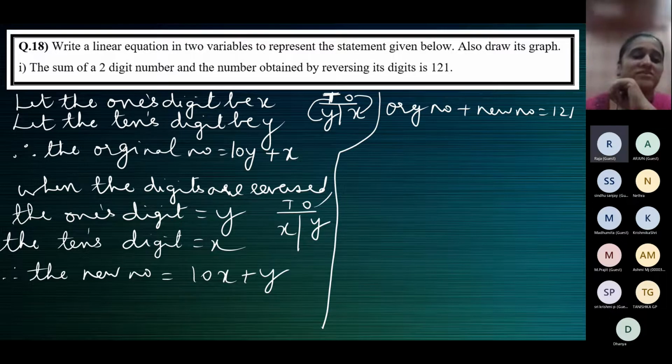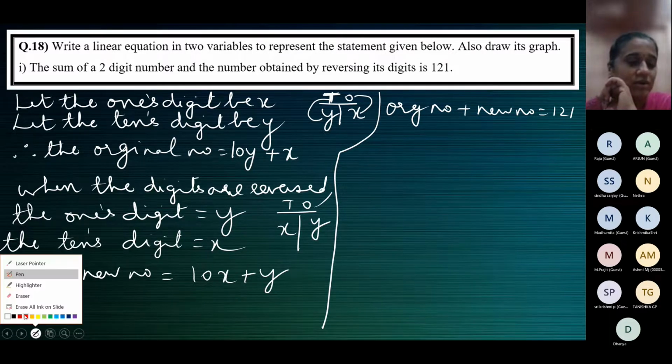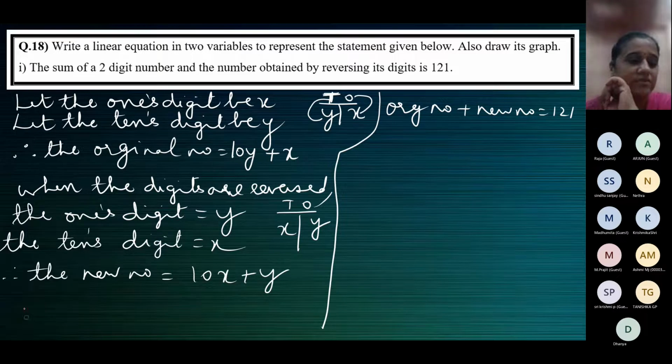That's what is given. The sum of a two-digit number and the number obtained by reversing its digits is 121. The sum means addition, adding two or more quantities.